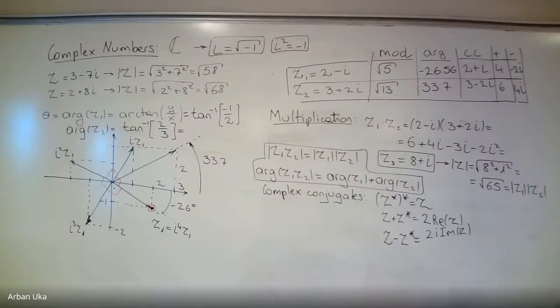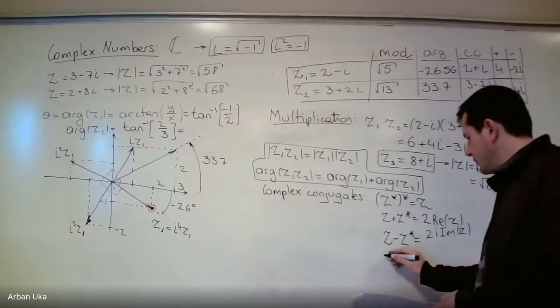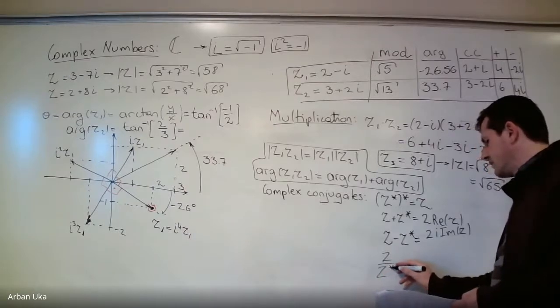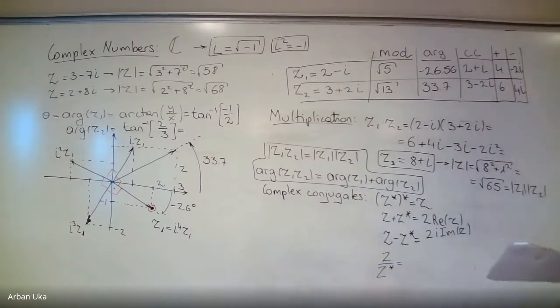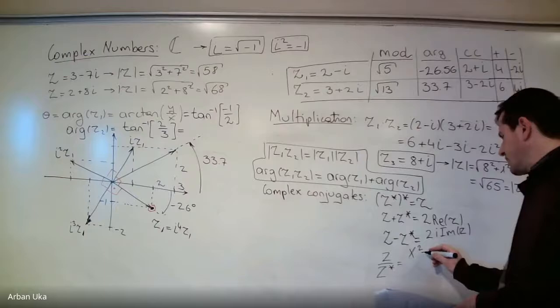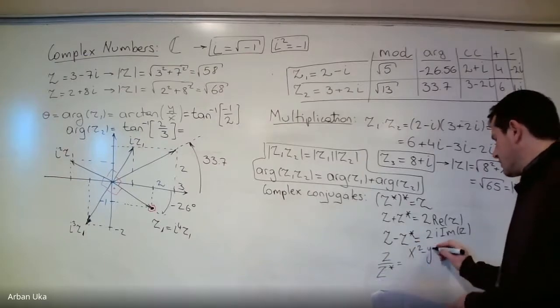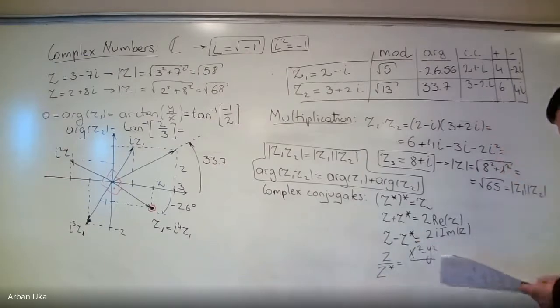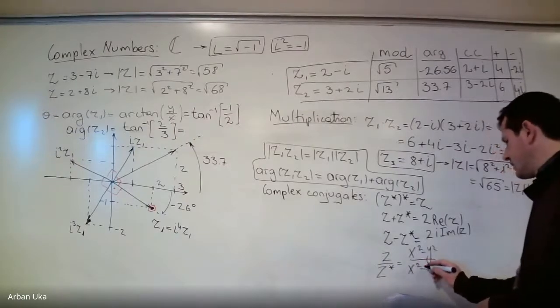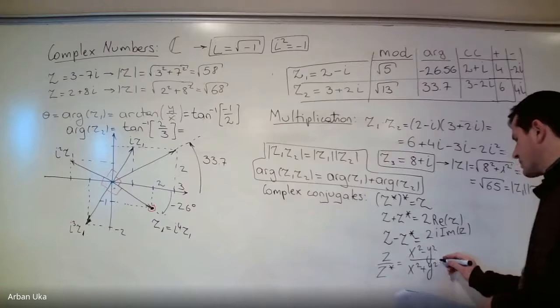And then here we have something which we don't know very well, but we're going to explain, which is the division between two complex numbers. This is equal to x squared minus y squared divided by x squared plus y squared.